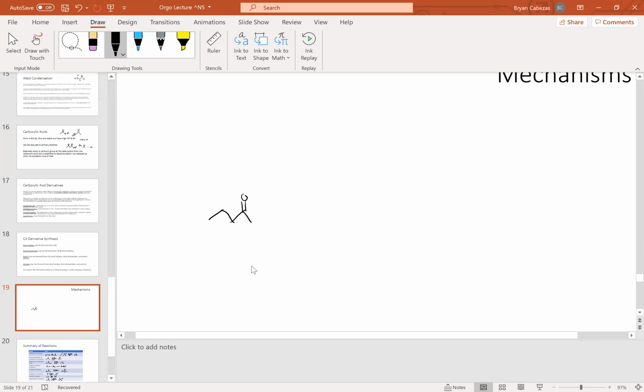We're going to have a ketone here. Next, we're going to have our carboxylic acid. I'm going to be pointing in this direction just to make the mechanism easier.